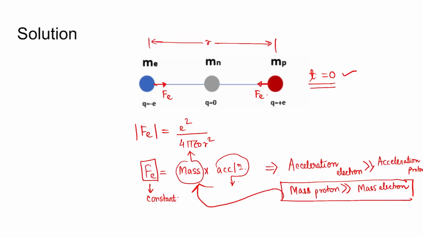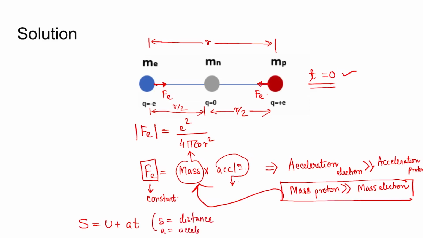In order to cover this distance, let's say this distance is r by 2 and this distance is also r by 2, we know s, that is distance, equals u t plus half a t square, where s is distance, a is acceleration, and t is time.